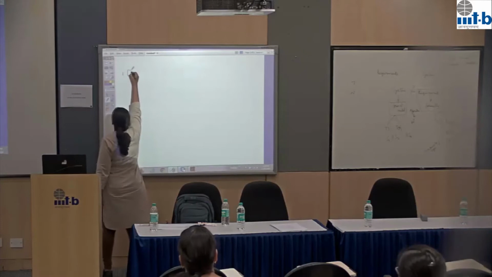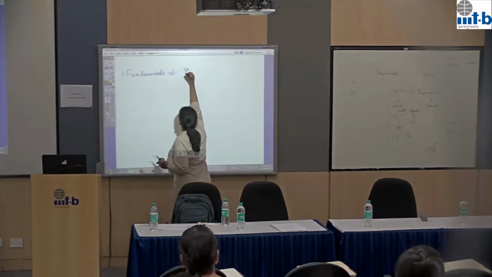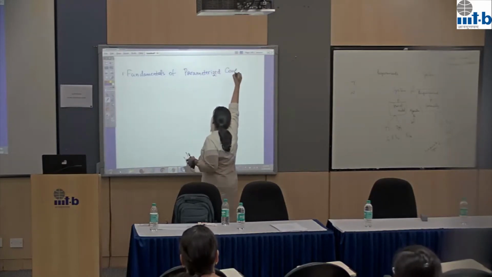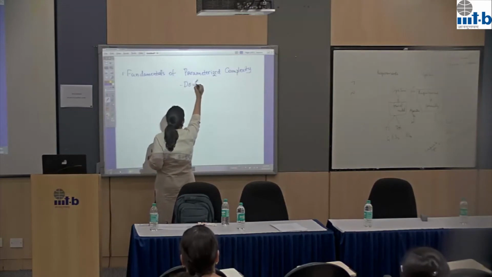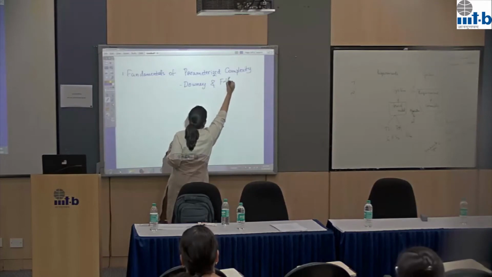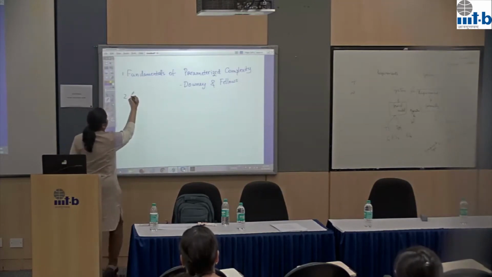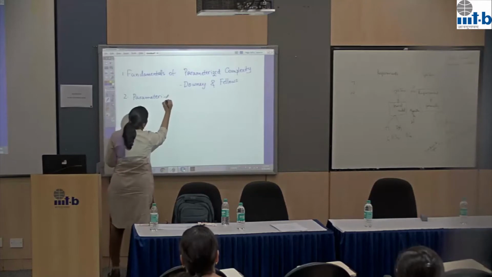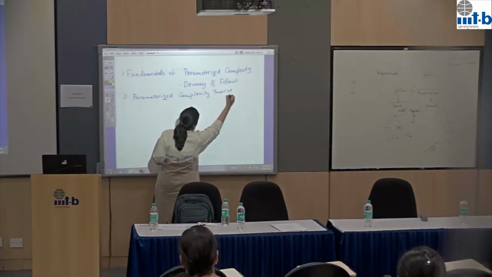First one is Fundamentals of Parameterized Complexity by Downey and Fellows. And another one, by Flum and Grohe.